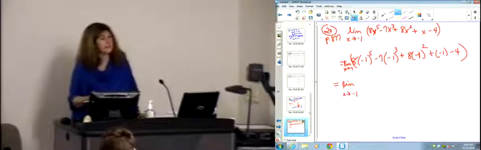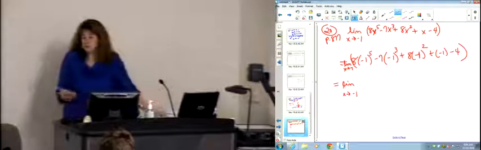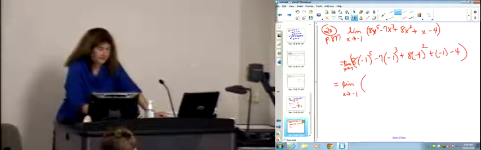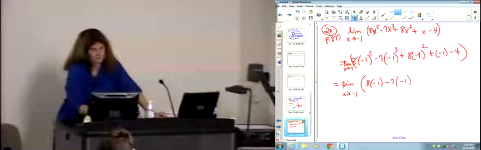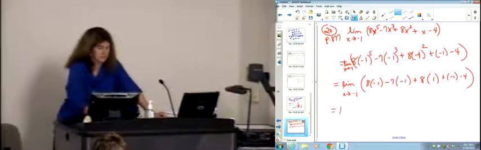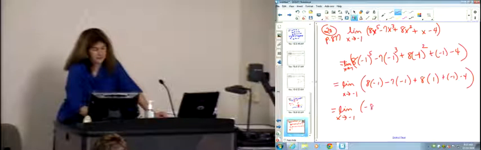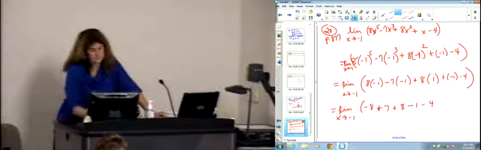Well, you're just raising -1 to a power, so it's either going to come out being +1 or -1 on those pieces. -1 to an odd power is going to be what? Still be negative. Here it's to an even power. We got -8 plus 7 plus 8 minus 1 minus 4.